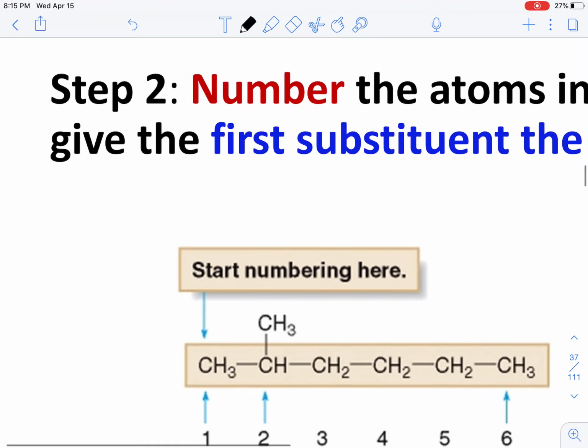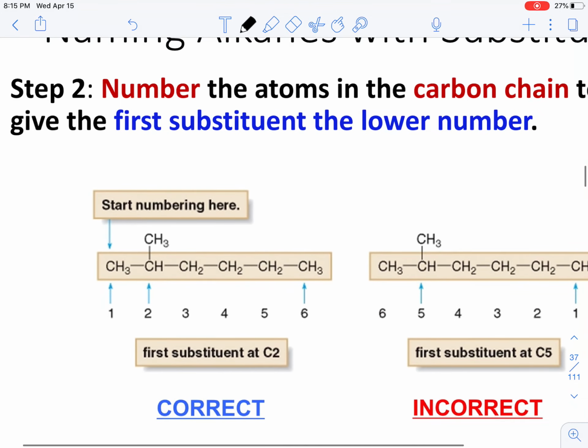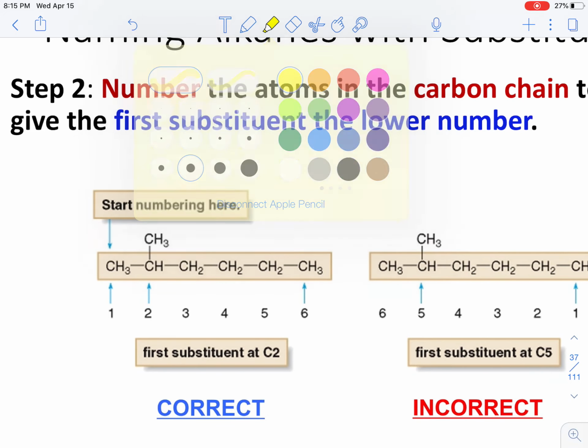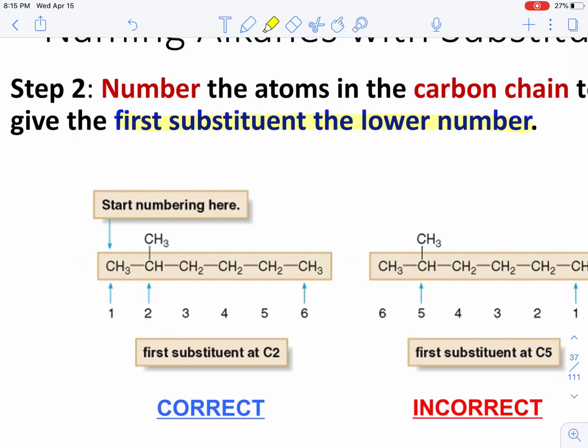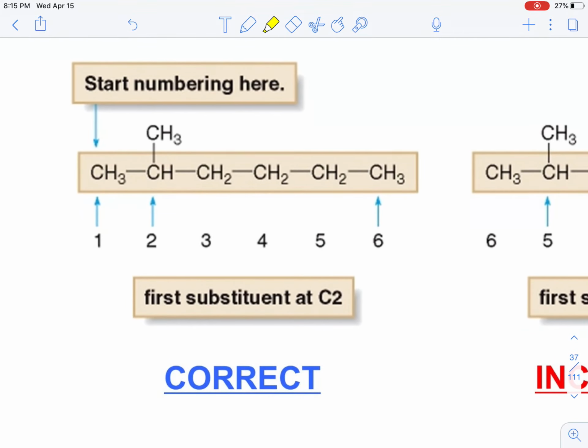step number 2 is telling us that we're going to make sure that we number our carbon chains such that the first substituent gets the lowest number. And so here, if we number from left to right, our substituent will be on carbon number 2.